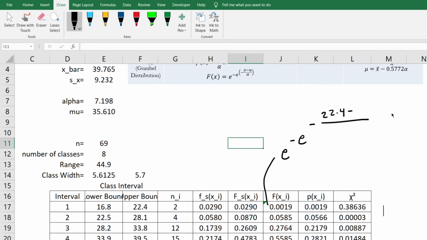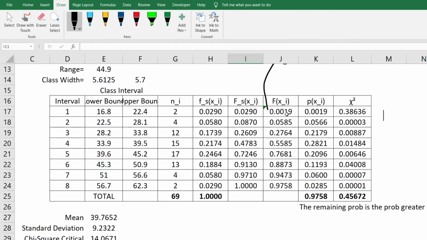Ang mu natin ay 35.610, and then divided by alpha. Alpha is 7.198. Pag kinumpute mo yan, we should come up with 0.0019. Gawin natin yan for all the remaining intervals and we should come up with the following.